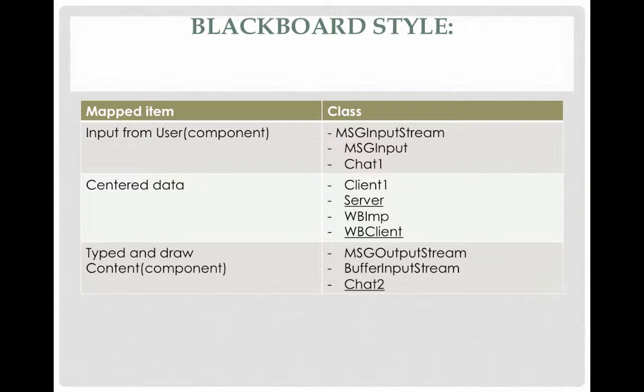We can map our Blackboard style to the input from the user. It's all classes that have input, and the center data is our data that are resources, and the type and draw content are classes as a Blackboard.